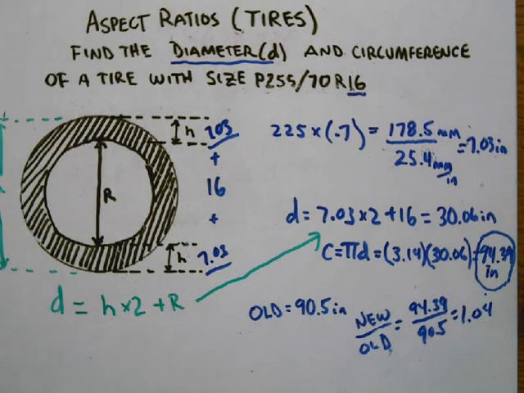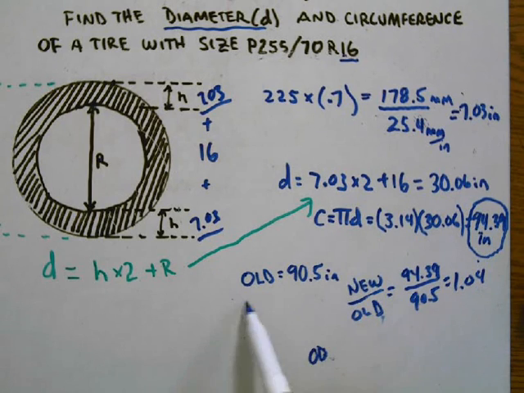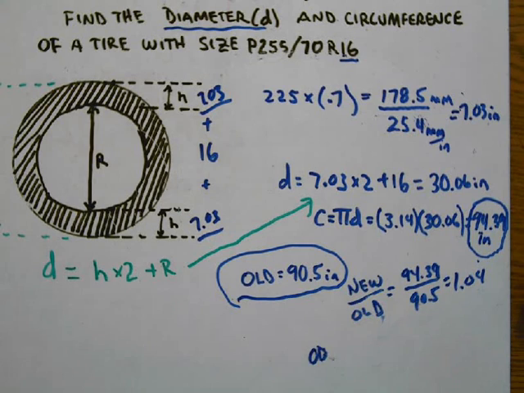You're going to be doing 1.04 times as many rotations for each rotation. So if the odometer reading in the car, remember the odometer is calibrated to the factory tires, the 90.5 ones. When you change it, it changes by a factor of 1.04.